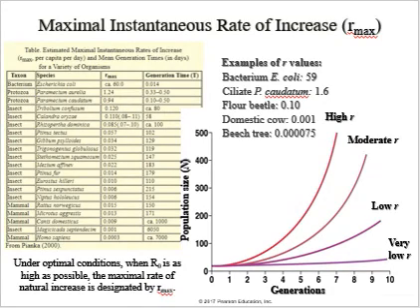So as population size increases, right, as N increases, the rate of population increase, the dN divided by dt, gets larger and larger and larger. And that rate of increase in general gets larger because your R max value, which is now serving as a constant, is going to be multiplied by that continually increasing number of individuals, right?